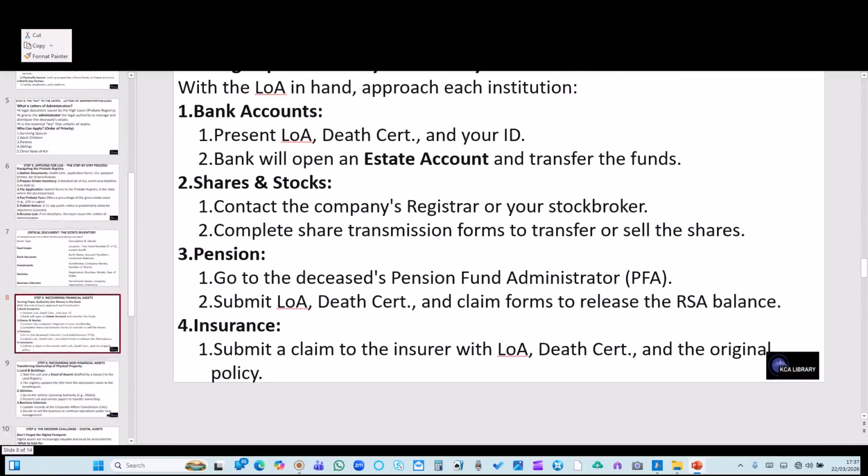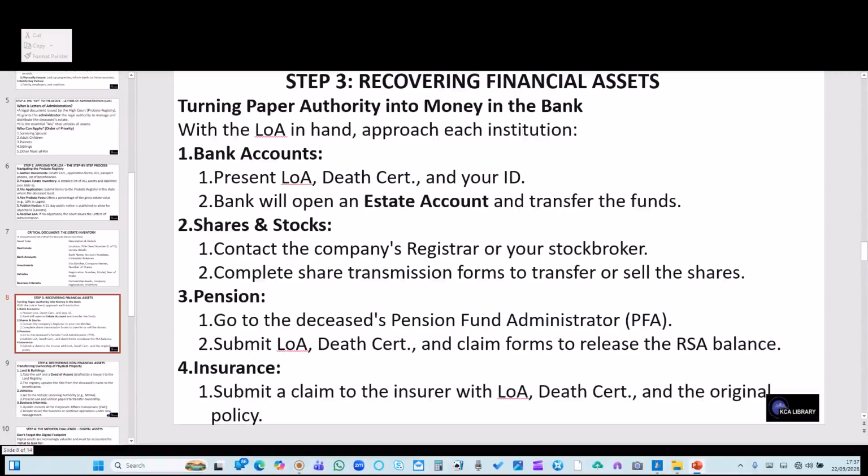Having known that, let us look at step 3, recovering financial assets, and how you can recover them. Here, we are turning paper authority into money in the bank. With the letter of administration in hand, approach each institution. Approach the bank and present the letter of administration, the death certificate, and your ID.